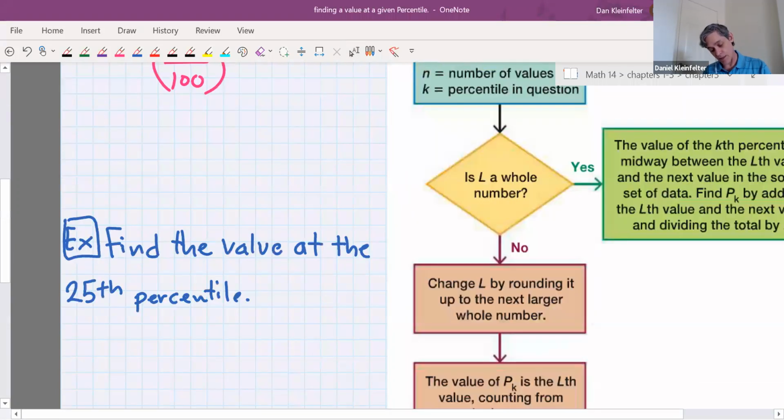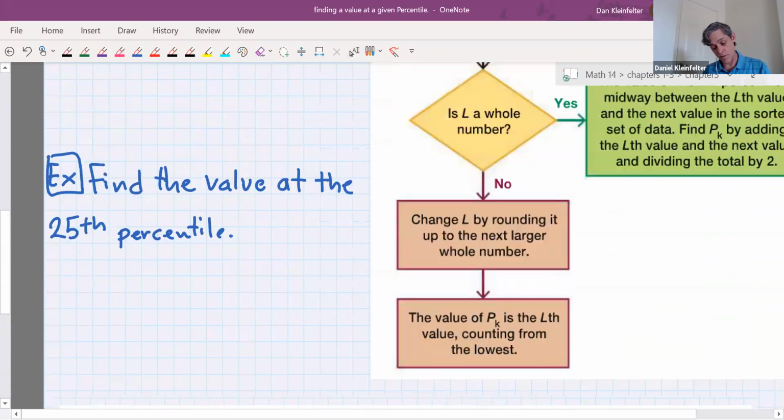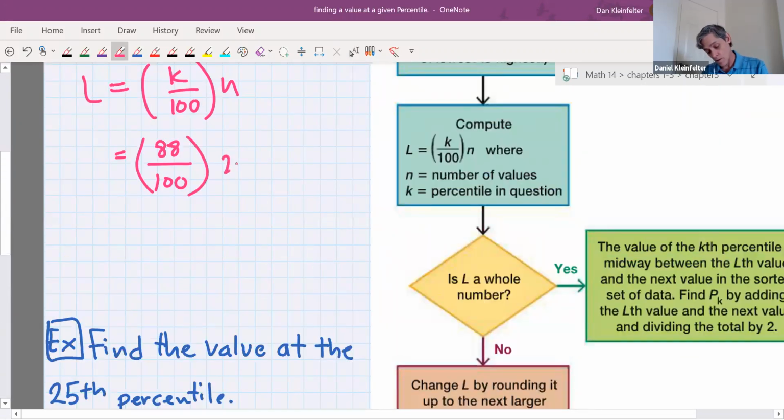How many values we got? 1, 2, 3, 4, 5, 6, 7, 8, 9, 10, 11, 12, 24 values. Okay, so 88th percentile, so 88 over 100, and then that's multiplied by how many values you have. So that's 21.12. Okay, that's the end of this green block.